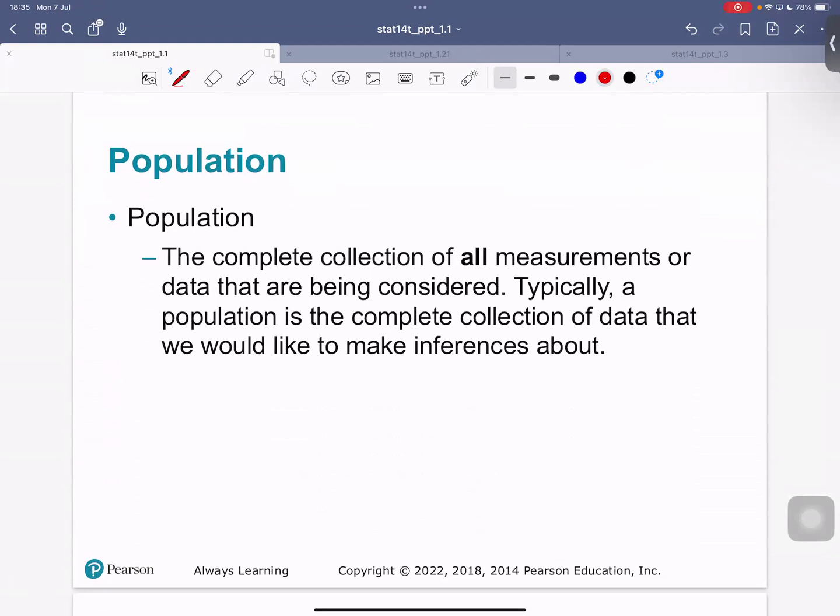And what about population? The complete collection of all measurements or data that are being considered. Typically, a population is the complete collection of data that we would like to make inferences about. So what do you think about population?